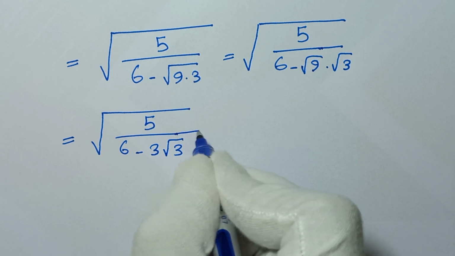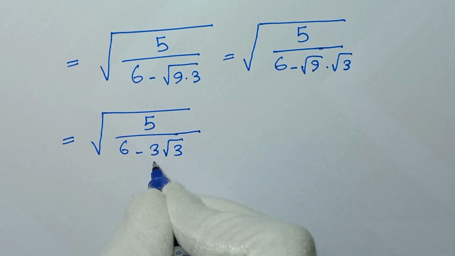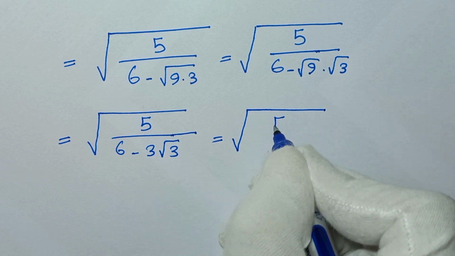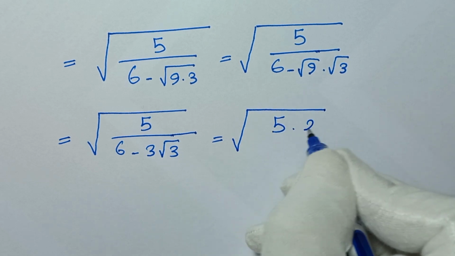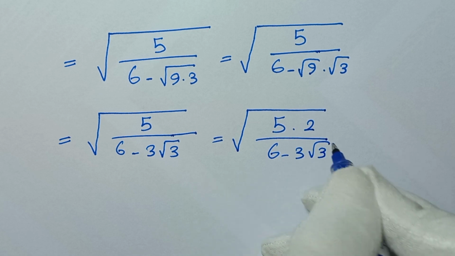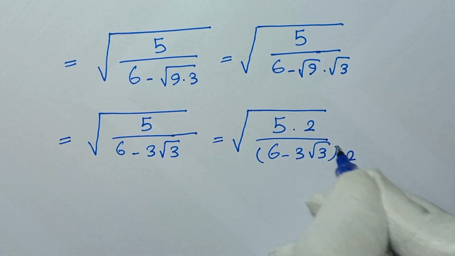In the next step, we multiply numerator and denominator by 2. So it will be square root of 5 times 2 over 6 minus 3 square root of 3 times 2.